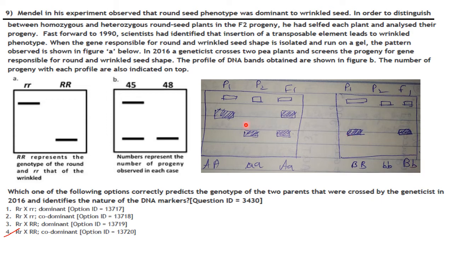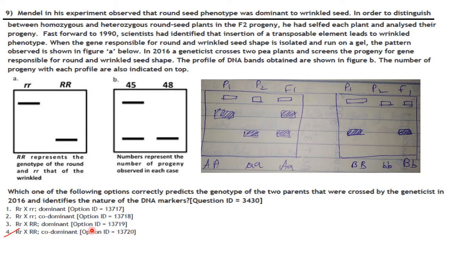Now if it was a codominant marker, then in the F1 you would have got a band for capital A as well as small a for the heterozygous condition, which shows its codominant nature. So we will rule out the dominant options and take only the codominant ones.